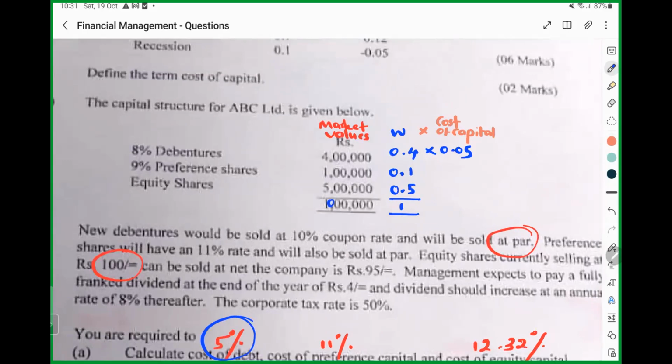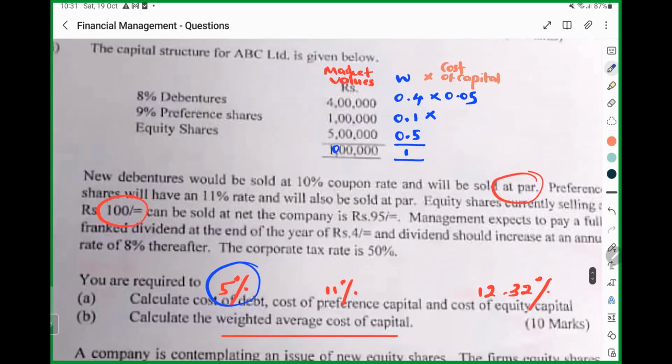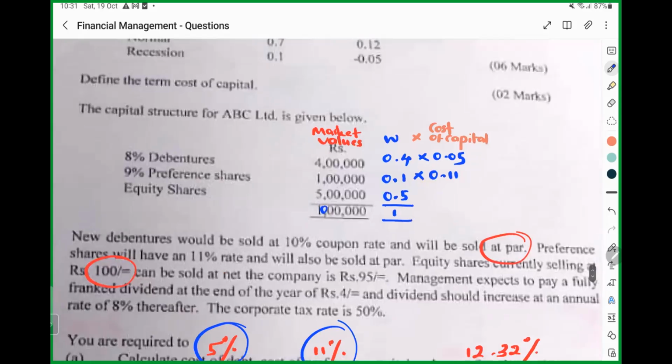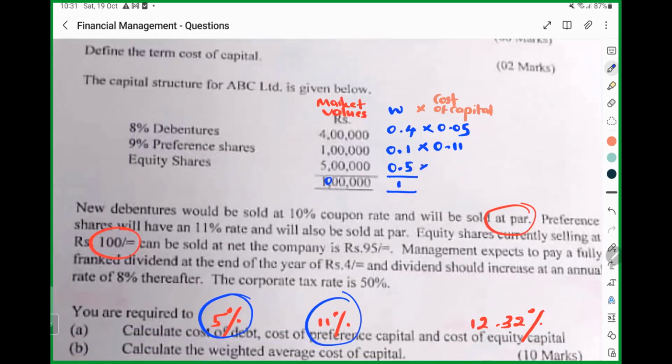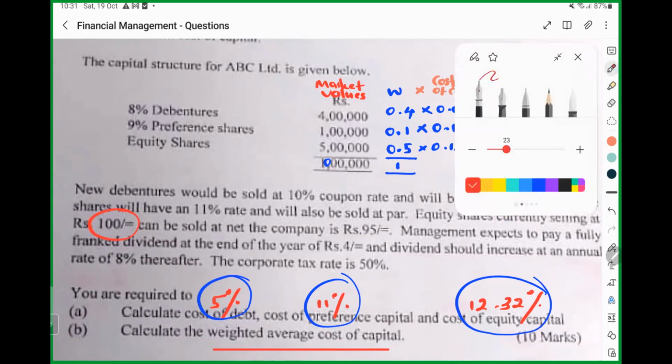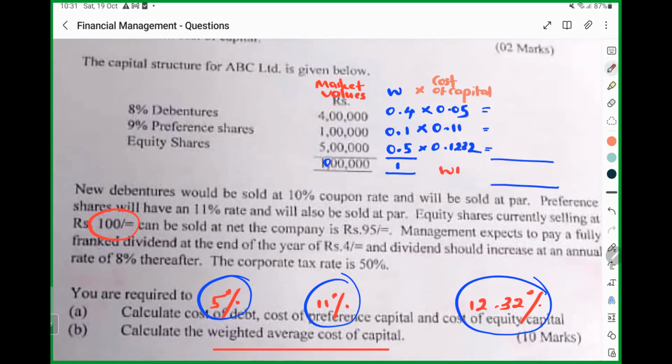Investment proportion of preference shares 0.1 multiplied by the cost of preference shares, 11%. Investment proportion of equity shares multiplied by the cost of equity shares, 12.32. So you get the total, that is the weighted average cost of capital.